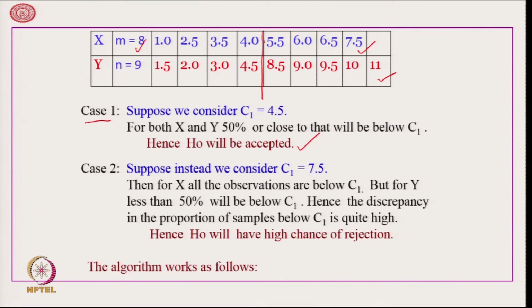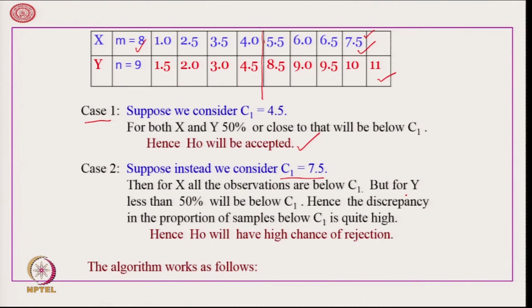Now, consider instead a value of C 1 which is 7.5. Then what is going to happen? We can see that all the x observations are below 7.5, and therefore, 100% of the observations are below 7.5. What about y?